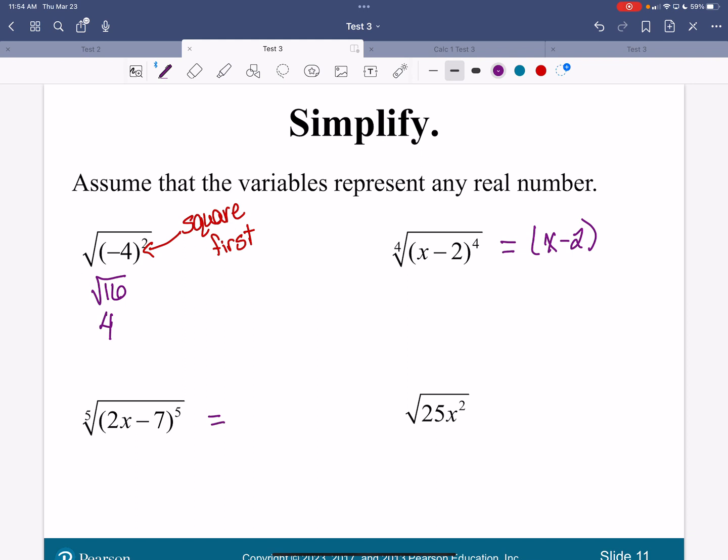So it's going to be 2x minus 7. Okay? And this one we've already done. What is the square root of 25x squared? It's 5x, not 5x squared. Just 5x.